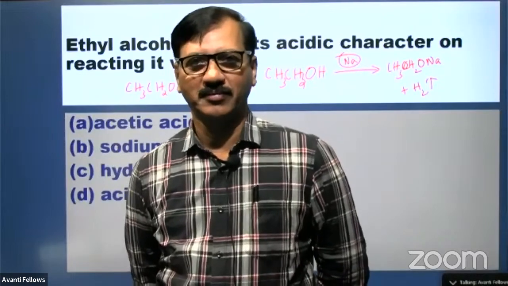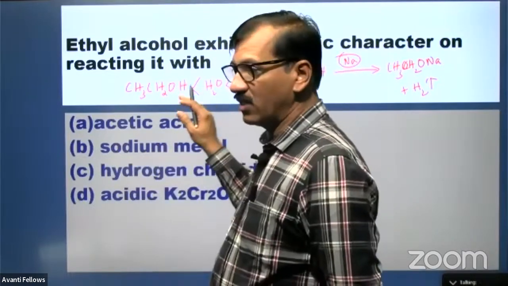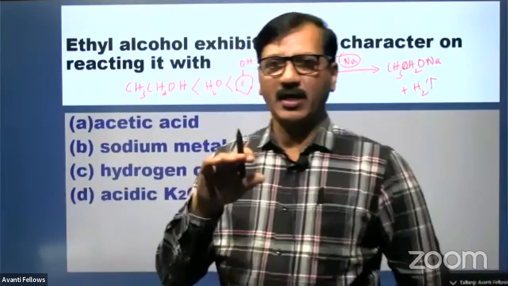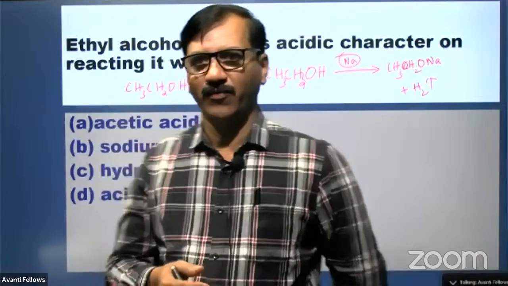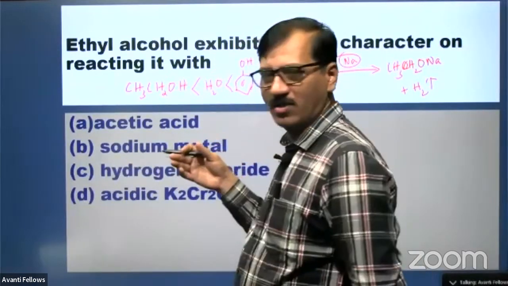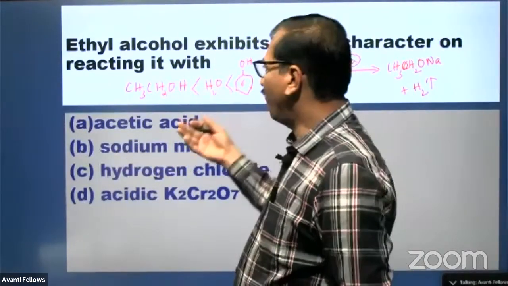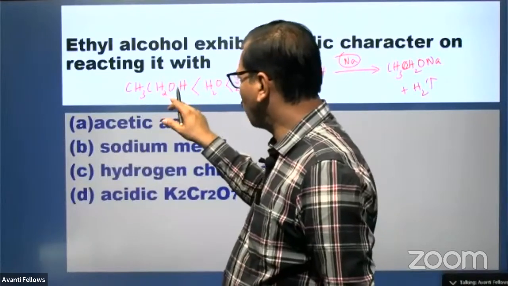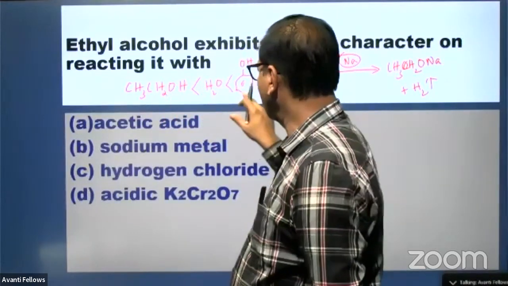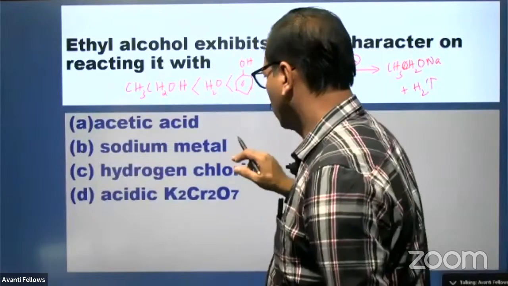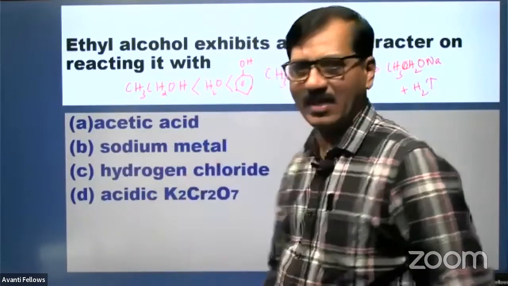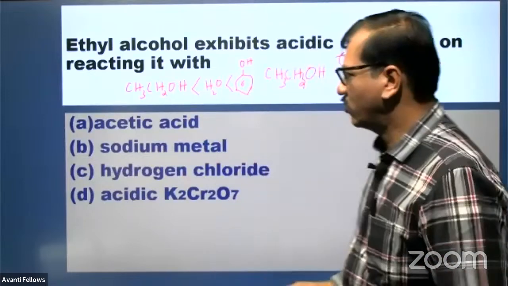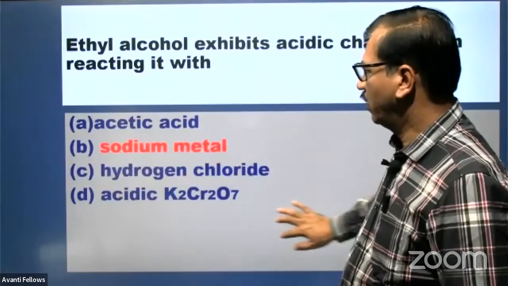It is not so. Even water doesn't. But depending upon the ionization constant, Ka value, we decide whether this reaction happens or not. The Ka value decides that, and the Ka value is smaller here, more here, and the most here in the phenol. So sodium metal reaction gives hydrogen, therefore it is considered as an acid. Okay, some generalizations are made in this way.